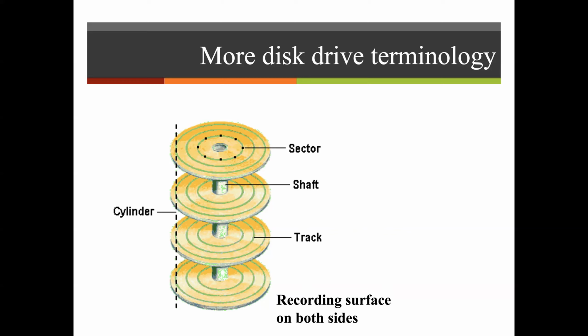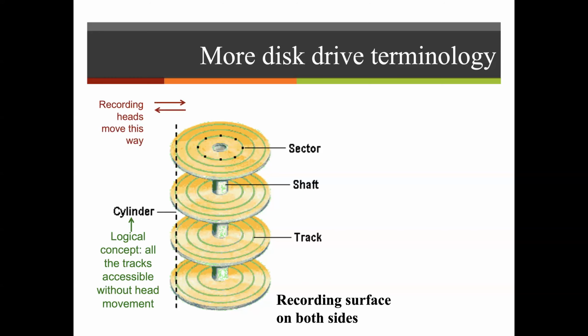And so you'll notice that the outer tracks have more space to store more information than the inner tracks. And so they're going to have a larger footprint. And so with using a cylinder, this means that all of the tracks can be accessed without any specific head movement.